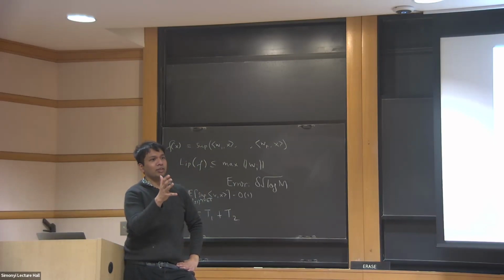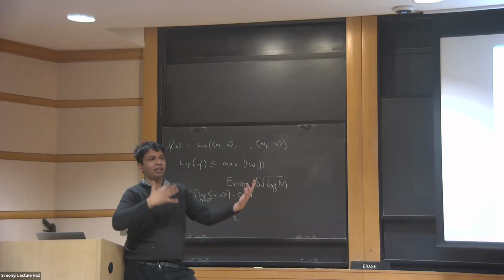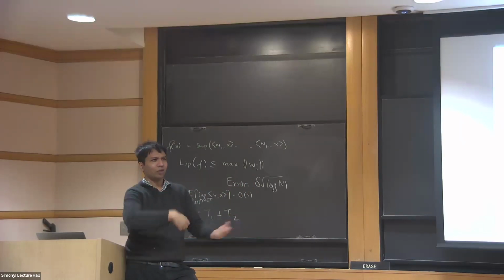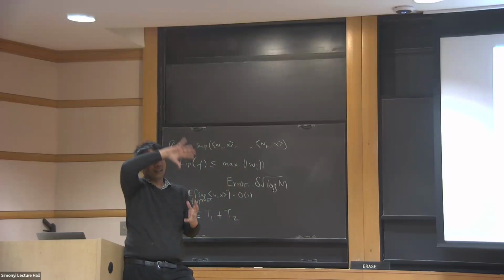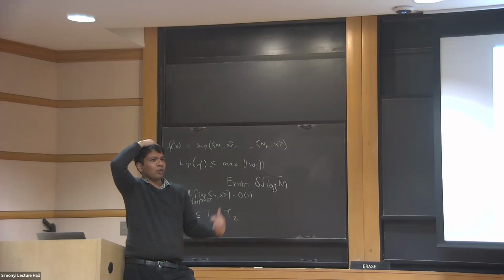If you're trying to apply a high dimensional CLT, almost certainly the number of constraints, how many half spaces, how many facets the polytope has, will play a role. But here the whole game is that we don't want to pay anything in terms of how many facets the polytope has.